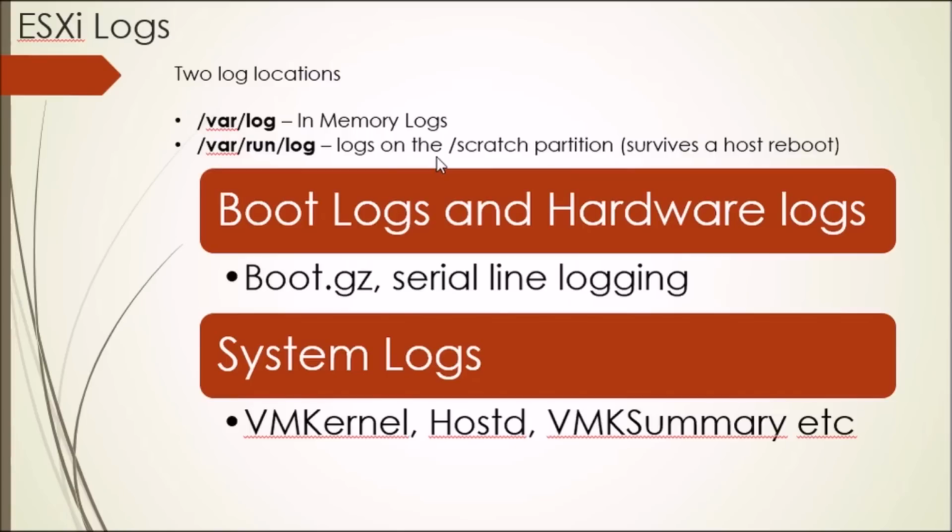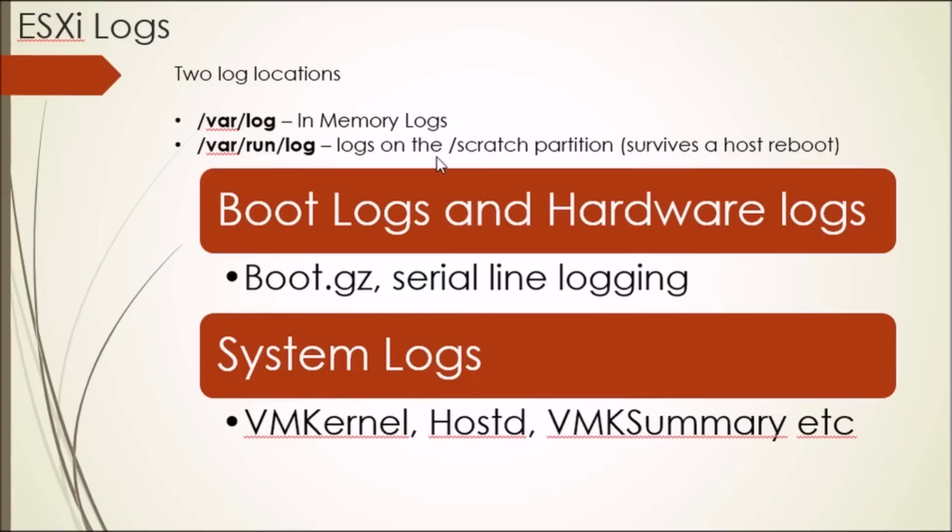But the /var/run/log redirects you to the scratch partition. The scratch partition, for long-time ESXi users, is a persistent partition on the ESXi subsystem on which logs are actually written.